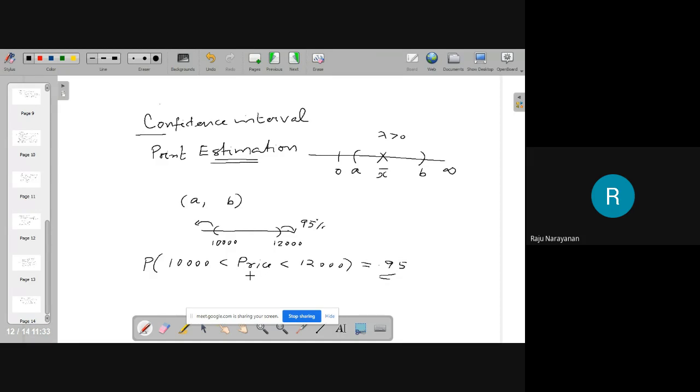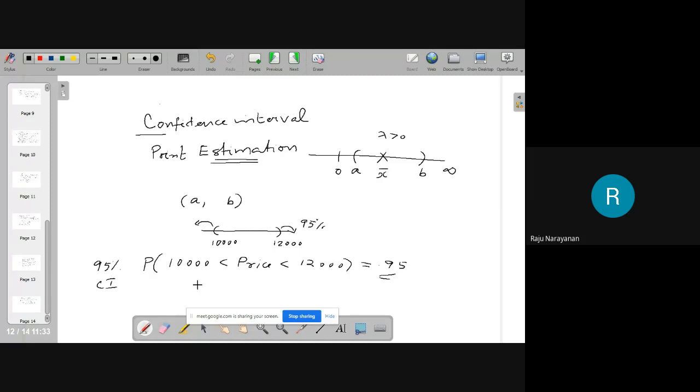That means with 95% confidence, you are telling that the price will be between 10,000 and 12,000. This is what is called a 95% confidence interval.